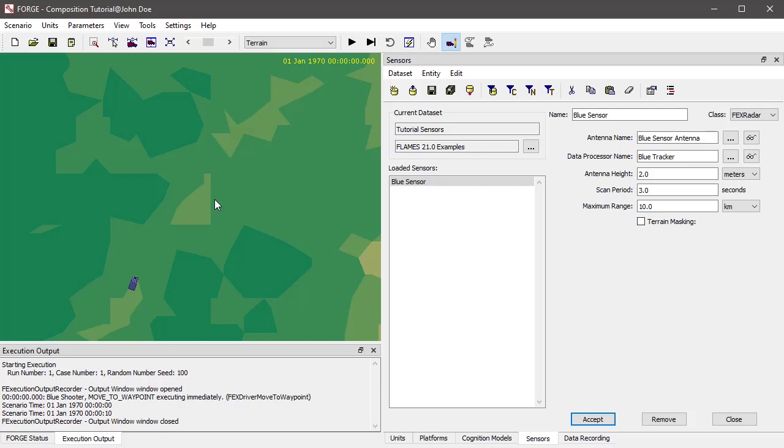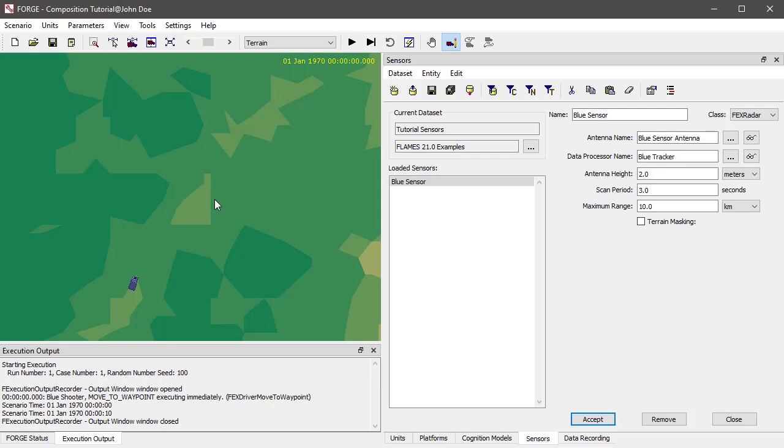And even if the algorithms inside your sensor model are relatively simplistic, it still is a useful step to go through and let the sensor models limit what they can see, and then allow the results of detection processes to be fed to the cognition models rather than allowing the cognition models to go directly to the true positions.